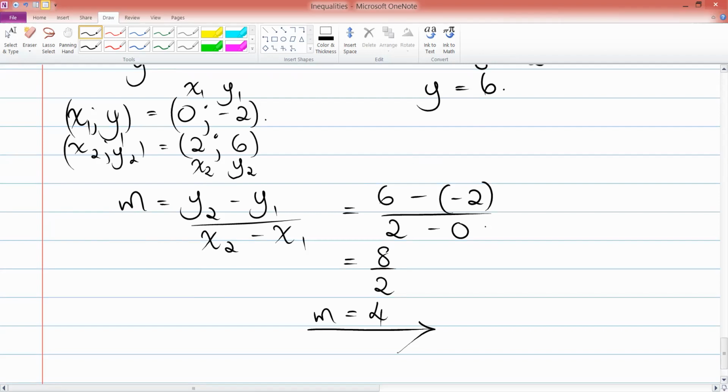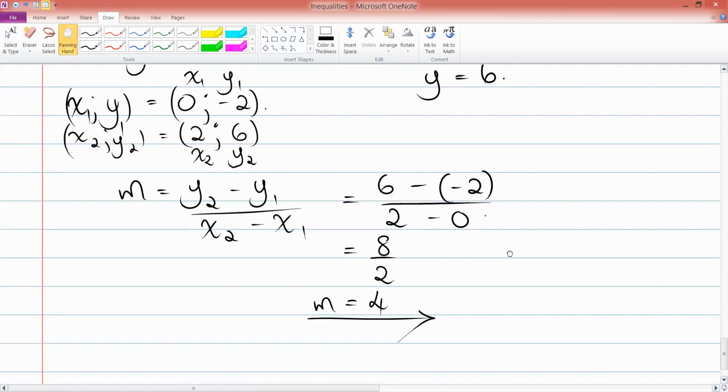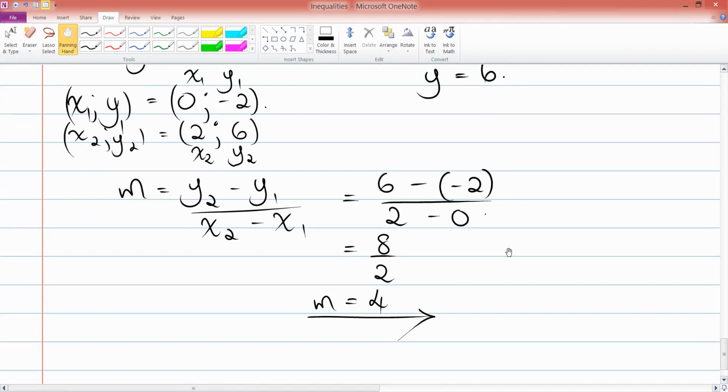Okay, so what did we do when we wanted to find average gradient? We substituted in the X values to get the corresponding Y values.